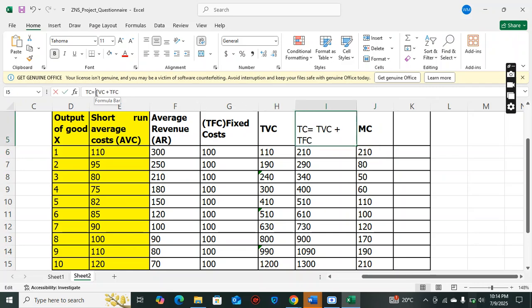Okay, as I said, I also confirm. For now, let's just assume that when there were no units being produced, the marginal cost was zero. Then, when you brought the first unit, the marginal cost became 210.